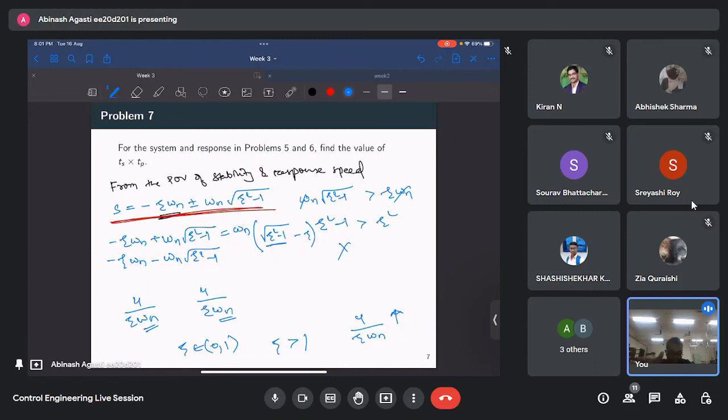And if it is underdamped, then the poles will be minus zeta omega n plus minus j omega n root 1 minus zeta square, correct? So in this case also we have real part as this only. So we'll have a pair of conjugate poles on the left half plane. So in both these cases poles will be on the left half plane and the system will be stable. Is this clear?